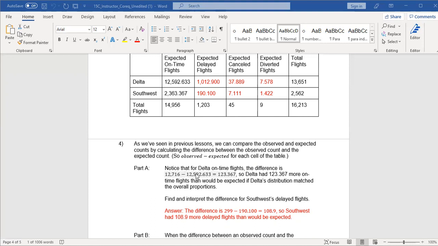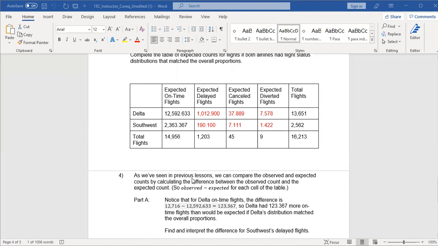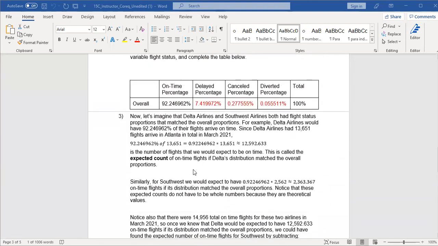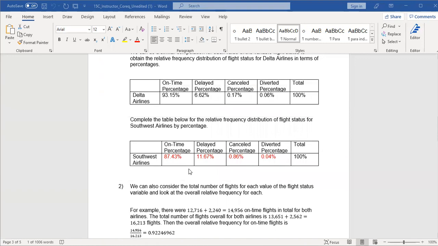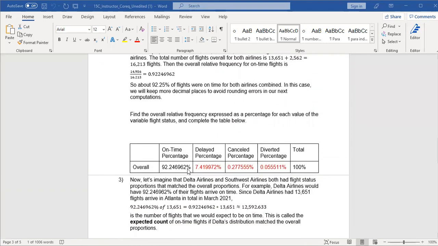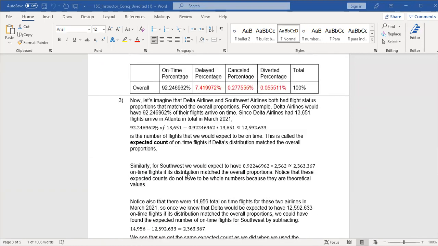For example, for Delta Airlines, the difference will be the number of flights, 12,716, minus the expected, which is 12,592.633, as we have here in the table.